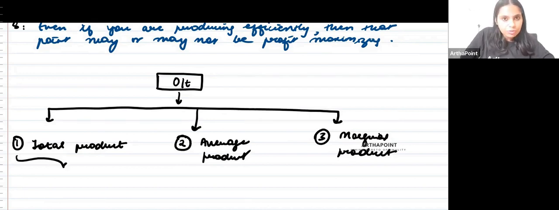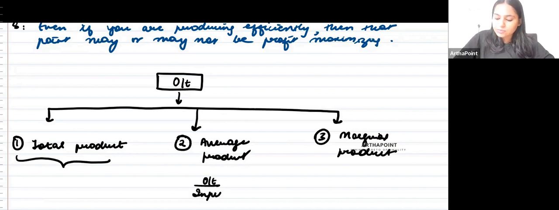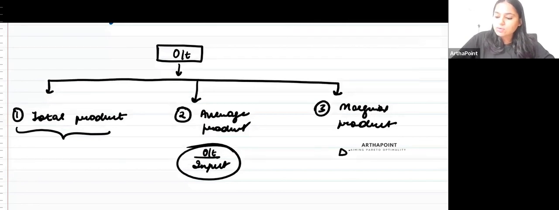The total output that a firm produces is total product. Average product is output divided by input. Marginal product is how output changes when input changes, or change in output due to change in input.